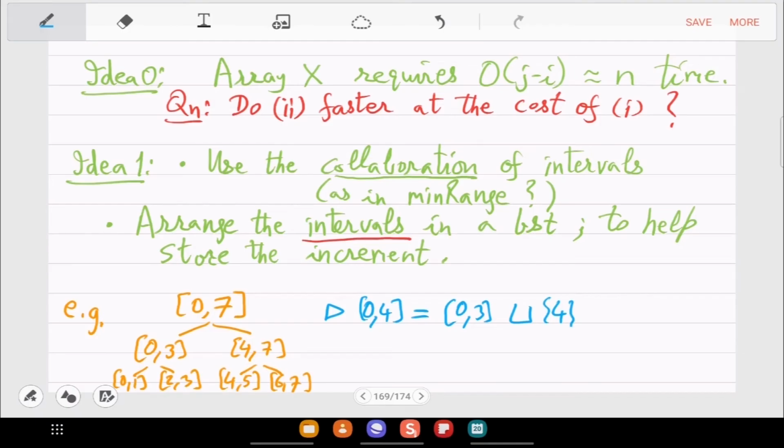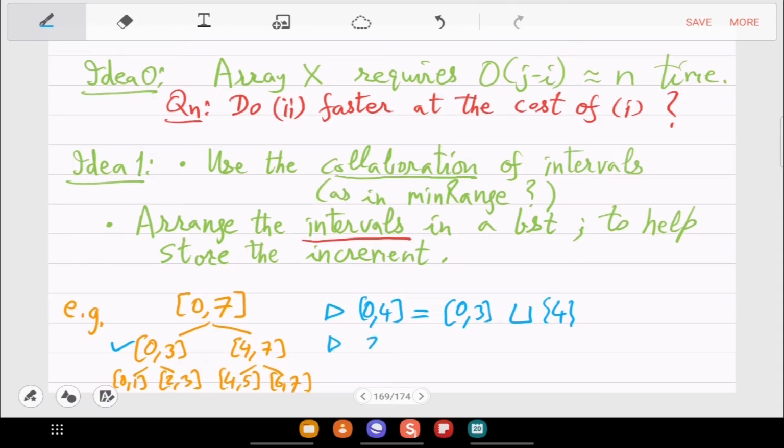So anywhere you go, you should try to maximize. To cover 0 to 4, the maximum you can do is go to the child of the root, which is 0, 3. And then you see that 4 is still remaining, for which you traverse the right subtree and then go to the leaf. The leaf will be exactly enough. The distances you have to travel depend on the height of the tree. Okay, so 0, 4 is partitioned like this.